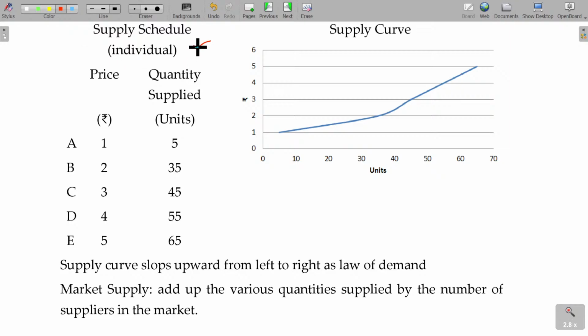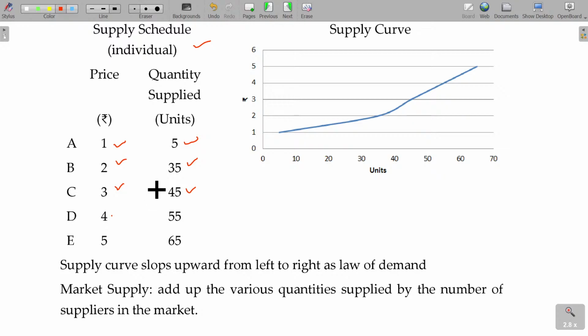Here is the supply schedule. When the price is 1, the quantity supplied is 5. When the price increases from 1 to 2, the quantity supplied automatically increases from 5 to 35. Subsequently, the price increases from 2 to 3 and the quantity supplied is 45, and so on.